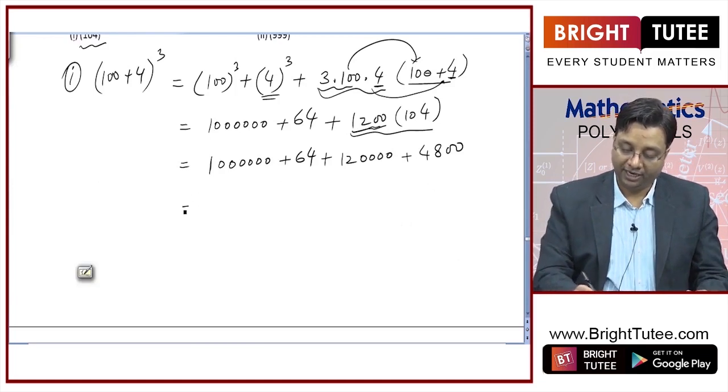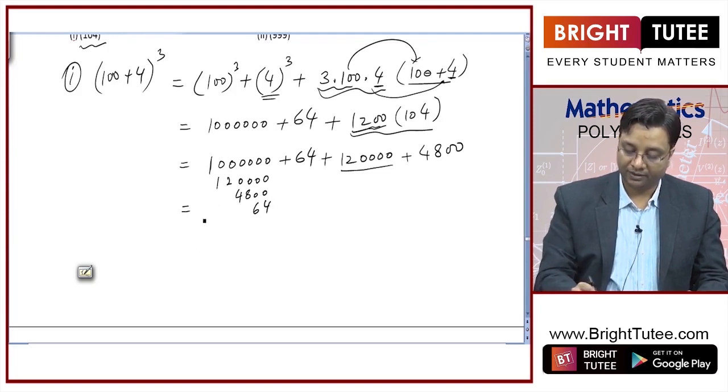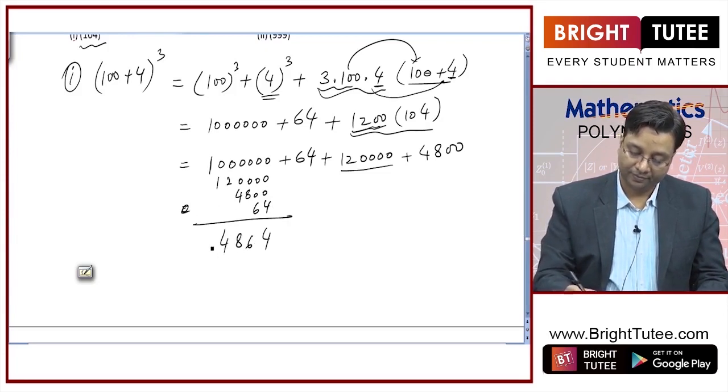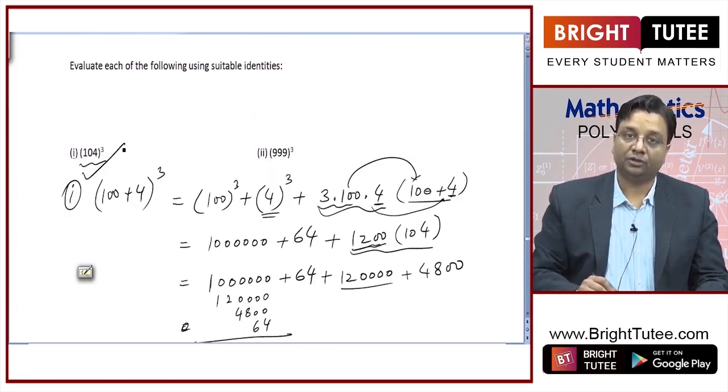This is what we need to add. So I'll write this below it. Now you add carefully. So this will be the answer for 104 cubed.